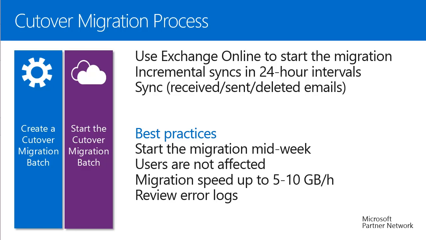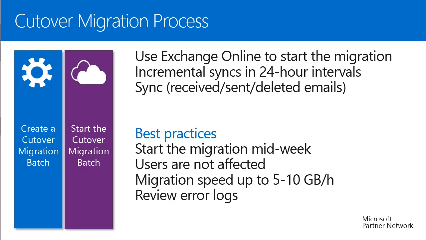However, in the background, this migration process is running, and you can expect a maximum throughput of 5 to 10 GB per hour. Of course, this depends on your internet connection, your network throughput, and also on the actual performance of your on-premise server.